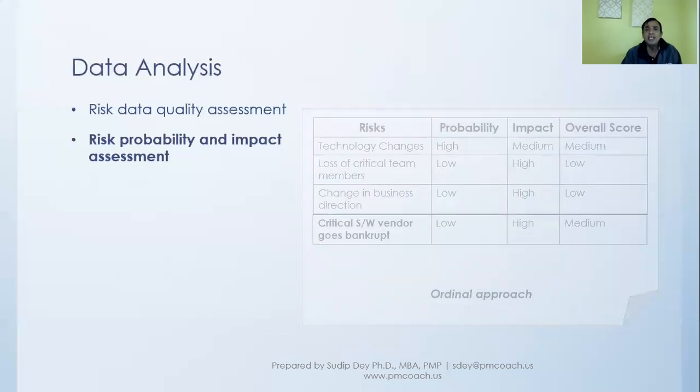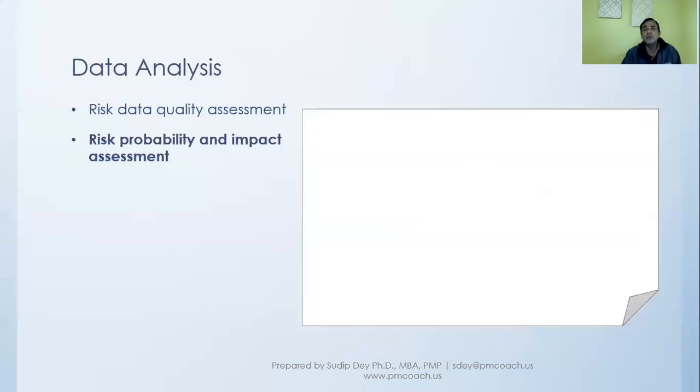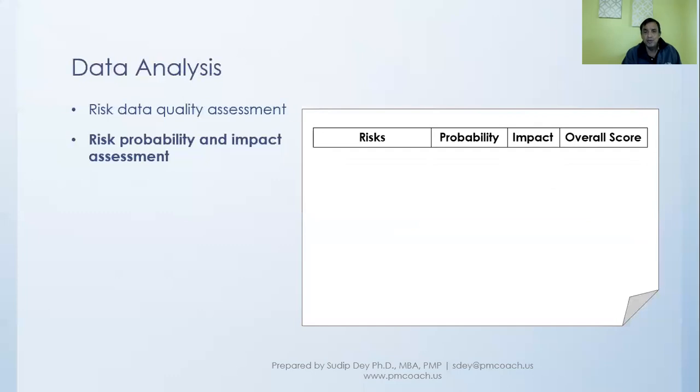As opposed to that, the same thing we can do a little more numerically. For example, for this technology change, we say the probability is 0.7, the impact is 0.2, and the overall score is 0.4. We multiply these two numbers.